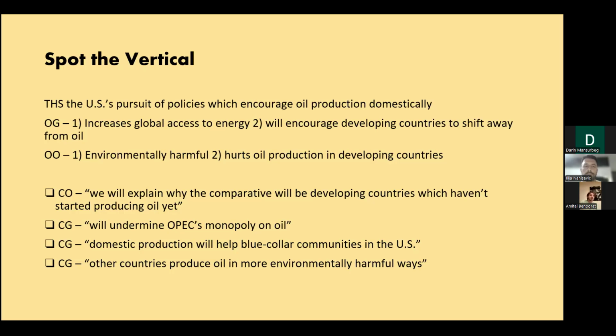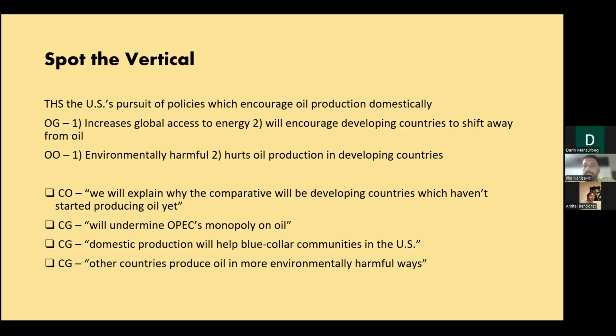But it also does the job of proving why it doesn't necessarily hurt oil production. It independently proves of opening opposition that it hurts oil production in countries that would have started producing, but it relies on the same burden that opening opposition has relative to opening government, which is whether this is good or bad, because opening government says we want to decrease the dependence of developing countries on this oil.